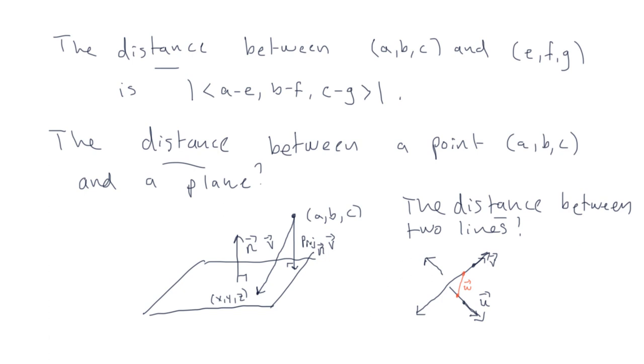So the vector that gives me the shortest length connecting the two lines is going to be the projection onto some vector that's normal to both v and u. Well, we're just going to use the cross product again.